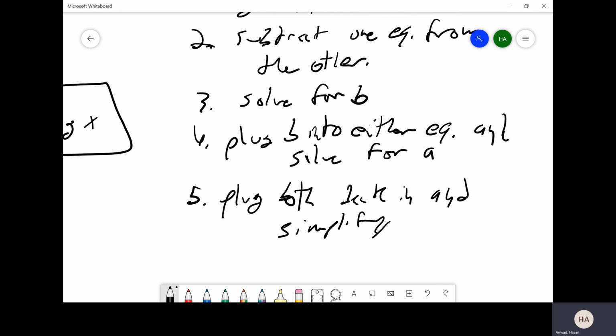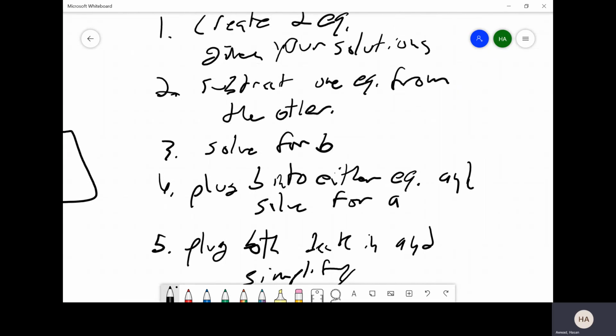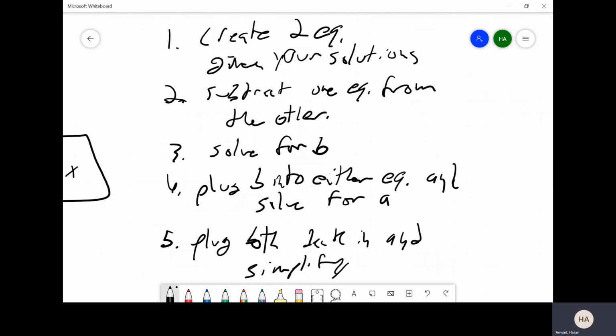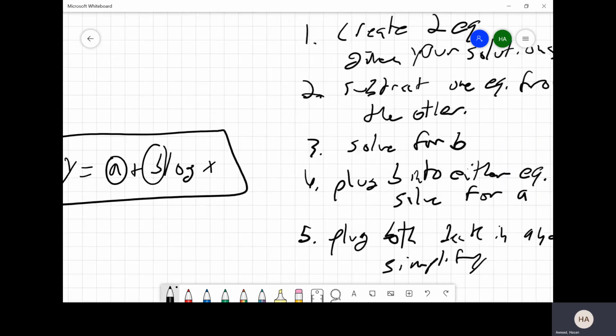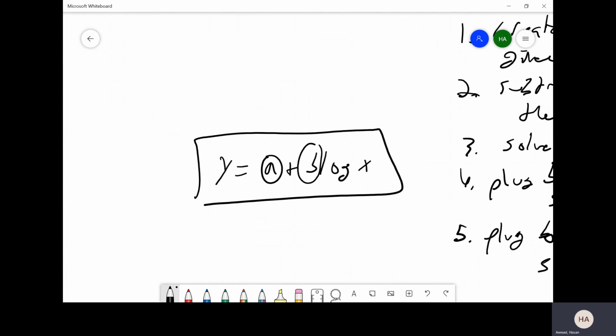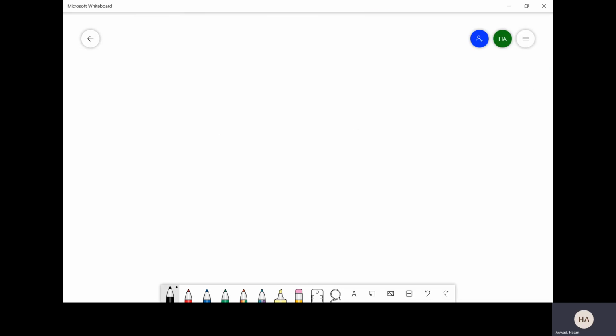Okay, so hopefully you got this down, and I'm just going to zoom out real quick to give you a chance to pause and write this down if you need to. Again, this is just if you are trying to get it in the form y is equal to a plus b times log of x. Okay, so let's do our example together. Example.